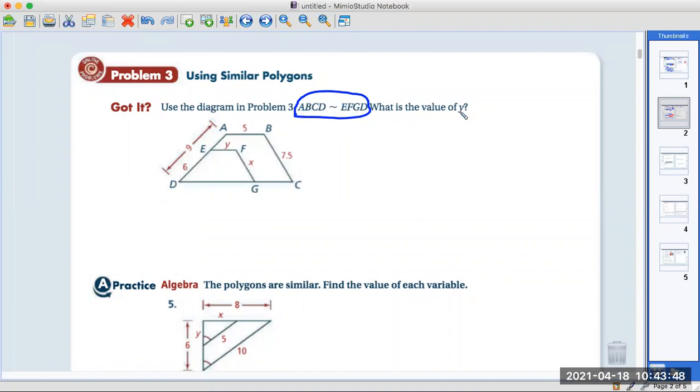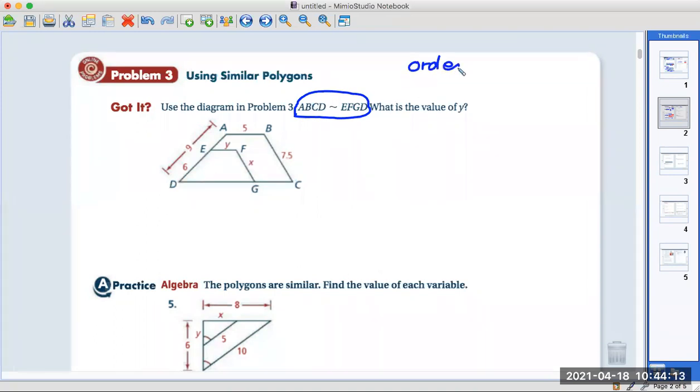It says, what is the value of y? This side length here. So notice you have a big quadrilateral, this one, and you have a small one inside. And that's what they're saying. These two are similar. All right, so let's see. First of all, order matters.